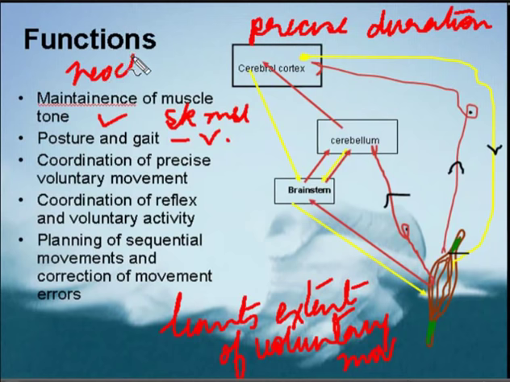For example, if a movement is intended and another one is done instead, the cerebellum will control it, or the cerebellum will correct it. So this is important. And in balance, the cerebellum receives information from the vestibular nuclei and from the tectum.